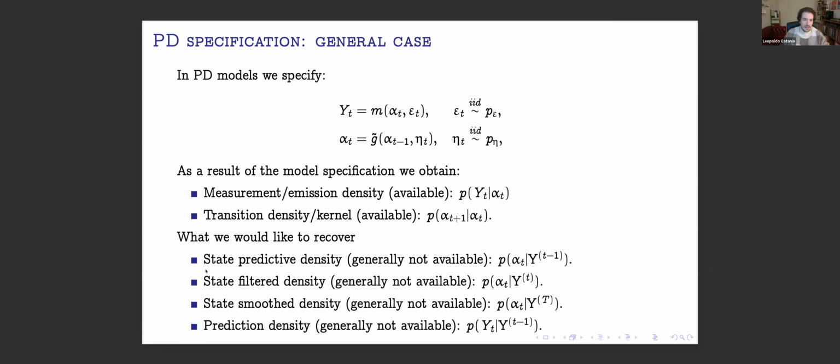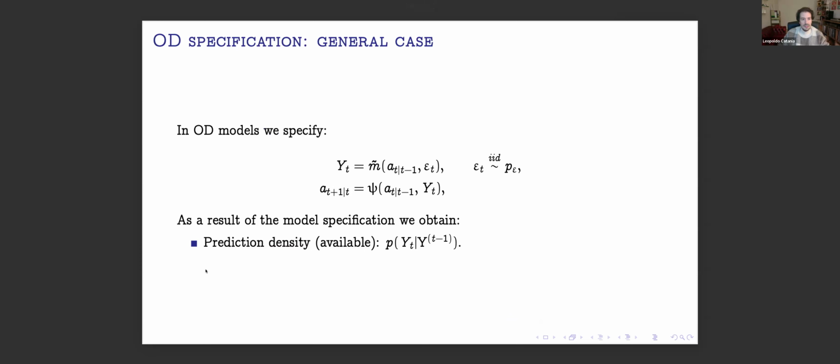Now, in an observation-driven specification, what we have is a measurement equation, which I write in this way, and then we have a recursion of this kind for a t, and a t is the parameter of interest.